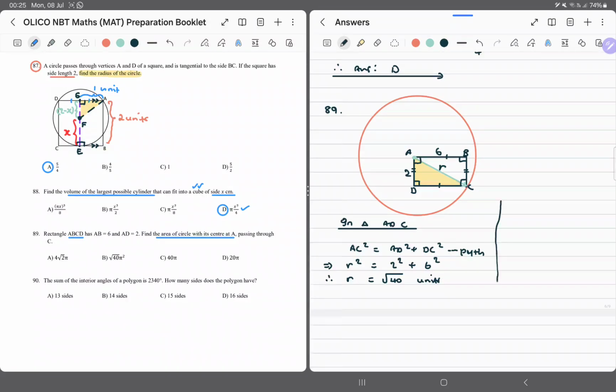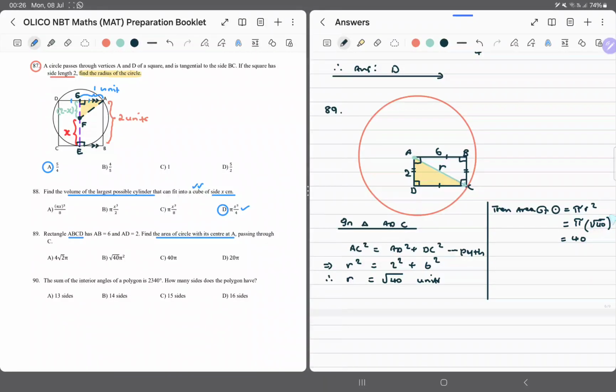Alright, now to finish it off, just to save a bit of space, because this one is already done, so we can say now then area of circle is basically pi r squared. This is pi, r is square root 40.